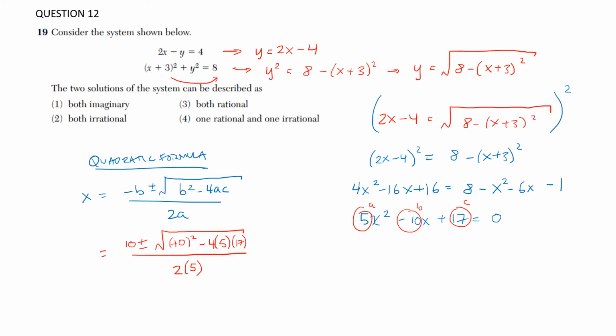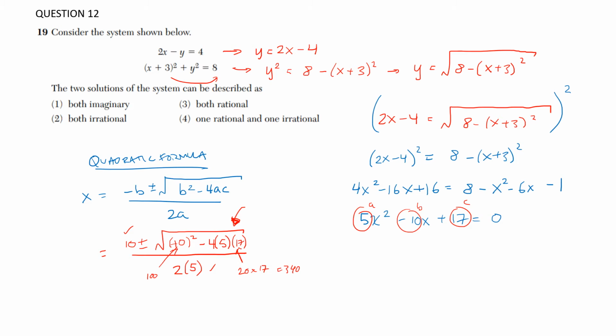We really have to pay attention to what is inside the square root to figure out if we're going to have imaginary, irrational, or rational solutions. 10 squared is 100. But we're subtracting 20 times 17, and 20 times 17 is 340.